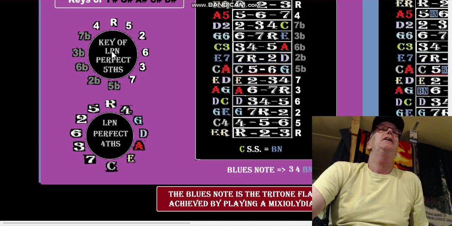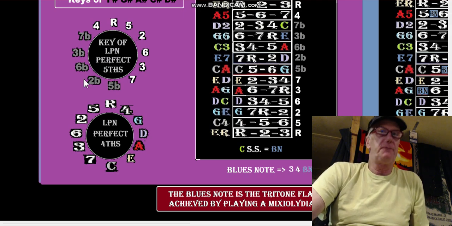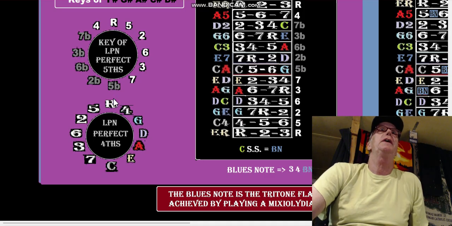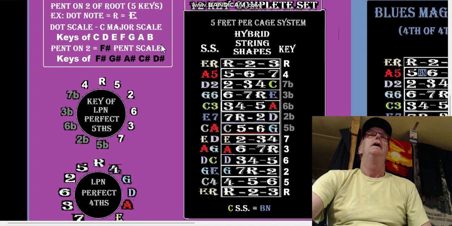The key of the lowest playable note, 5 fret cage, goes around in perfect fifths. I couldn't exactly find a relationship between this except for these guys, and that is they are related by fifths.